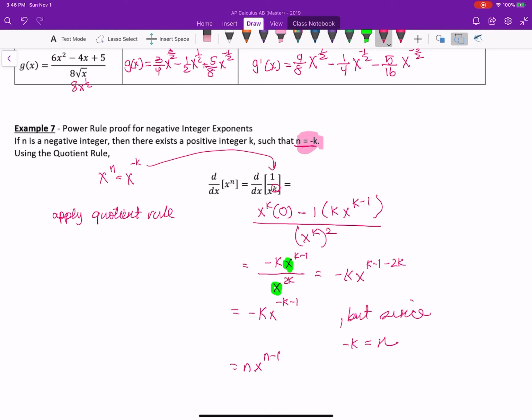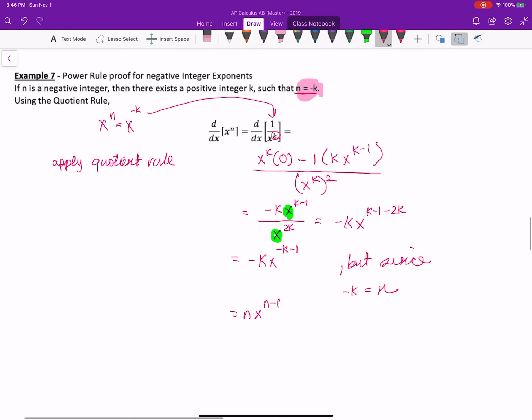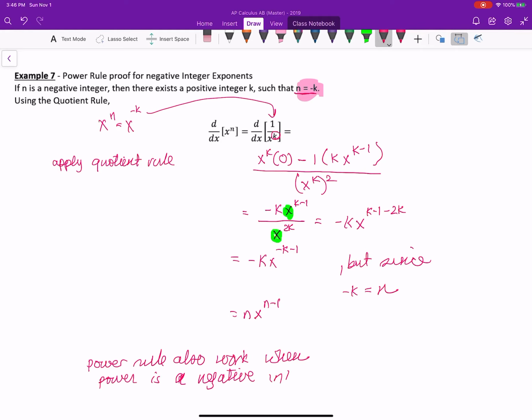So what that means is that it also works. So the power rule also works when the power is a negative integer, like so.